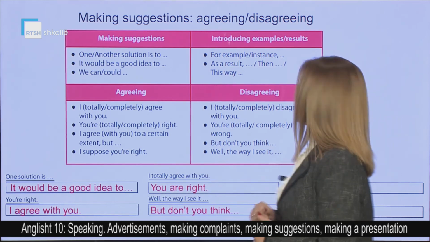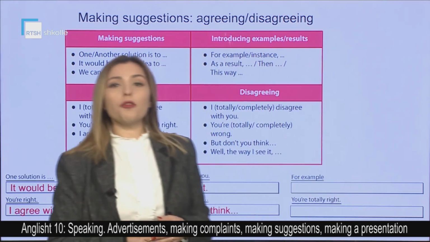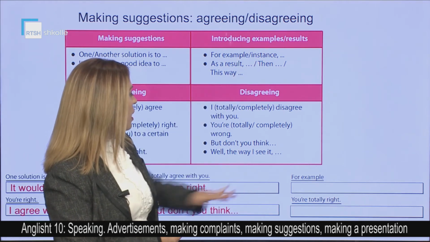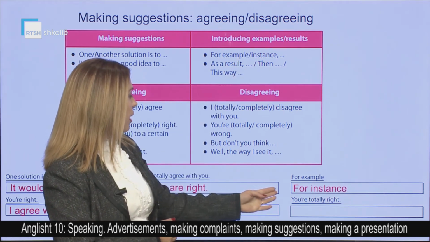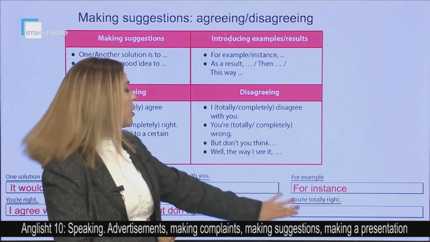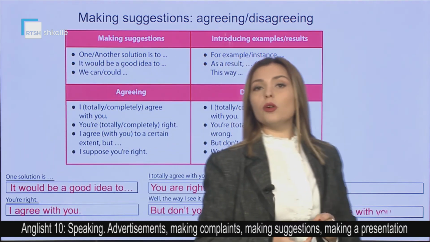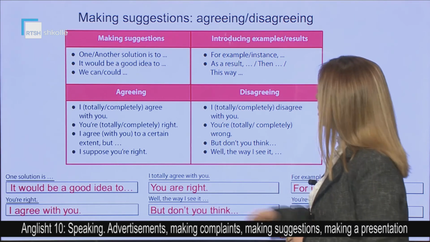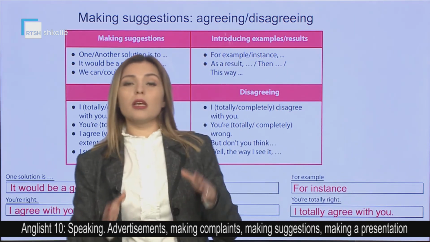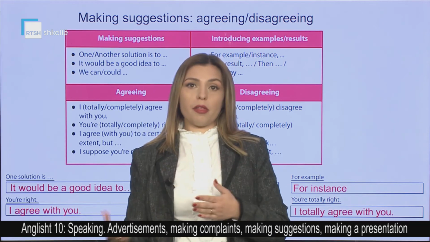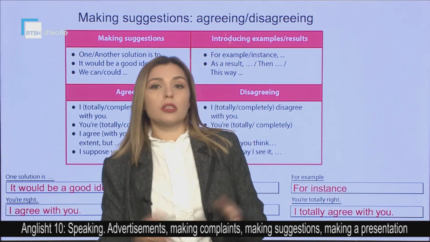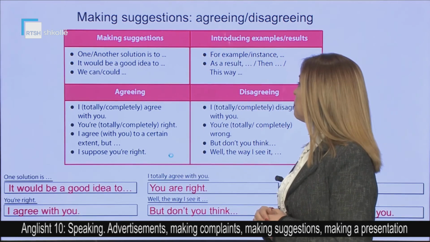And when you want to say, for example, a different way of saying, you can say, for instance, of course. And you are totally right. When we absolutely agree with someone, we can say, I totally agree with you. So we have synonyms. It doesn't mean that only one or the other is correct. You can choose from the different alternatives that we just saw together.